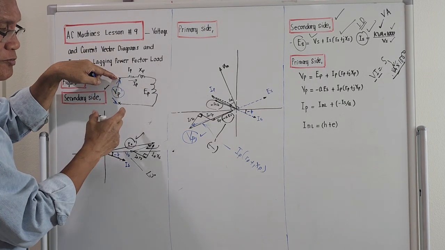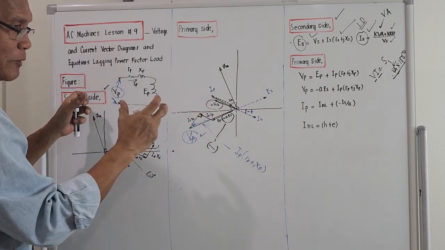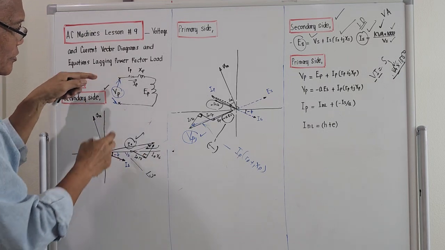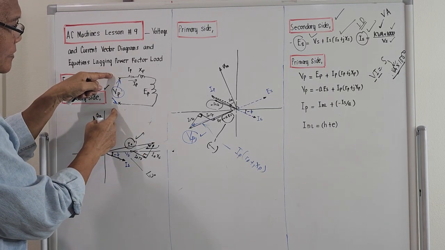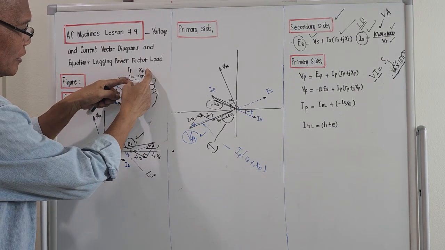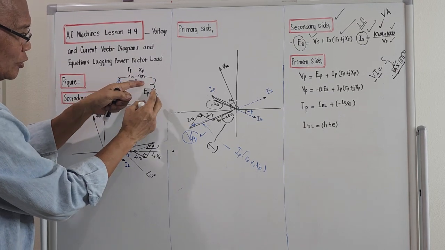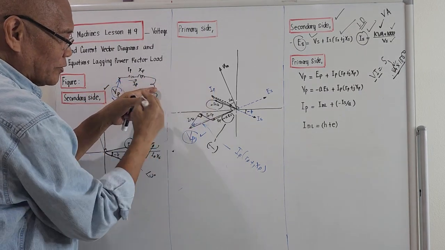It's the biggest voltage on the transformer if there is a load, because from a bigger voltage there will be a drop, it will become smaller, and it will be transferred to the secondary.